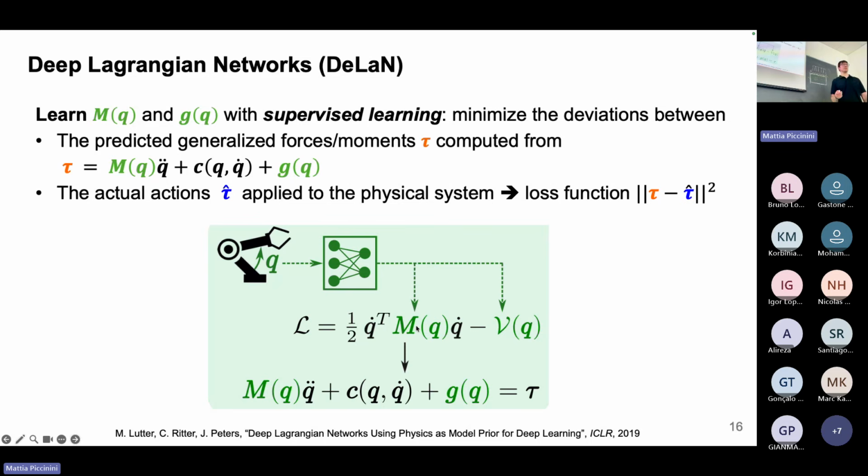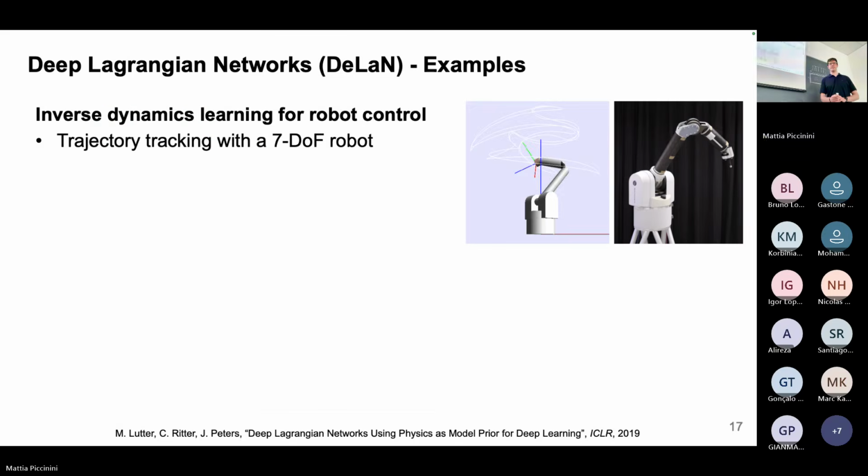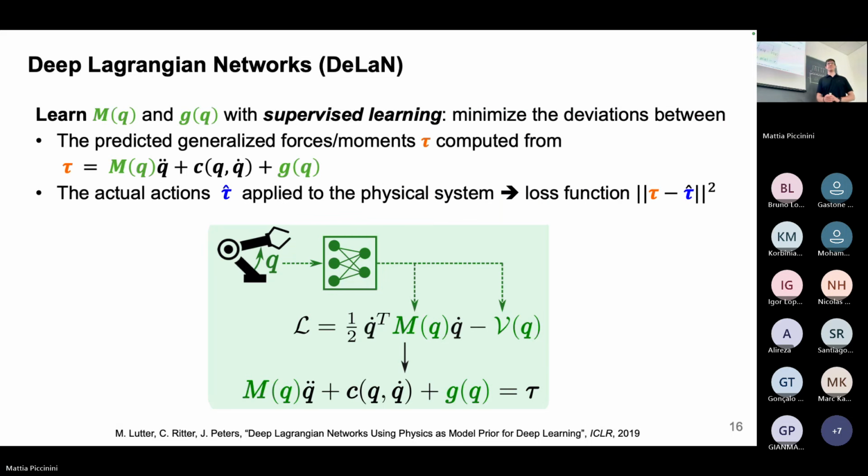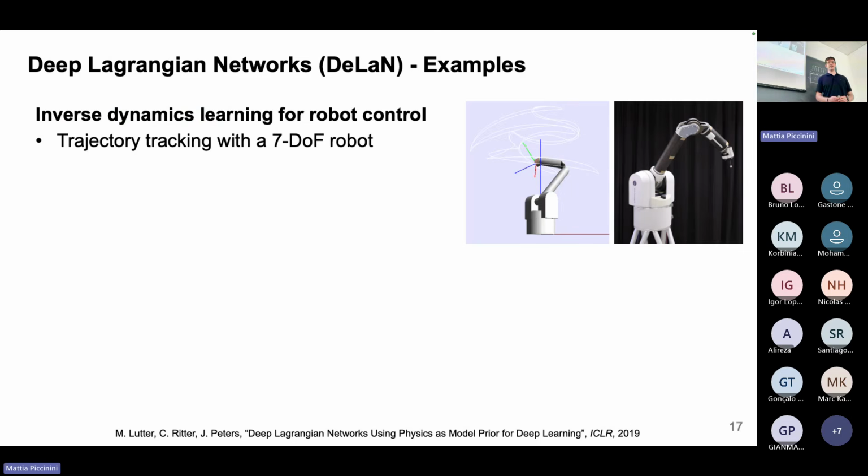It's actually the product of two lower triangular matrices. So I think you can agree that we are putting some inductive biases inside the architecture in this case. Right? Questions here?